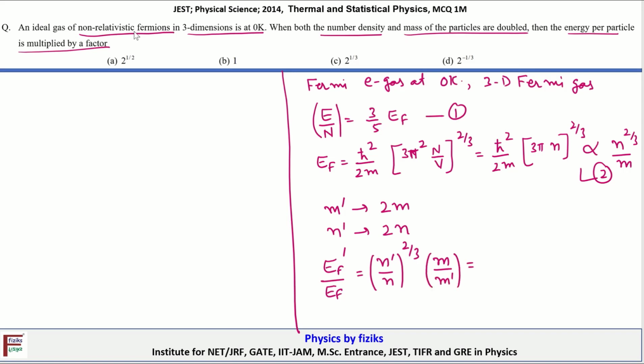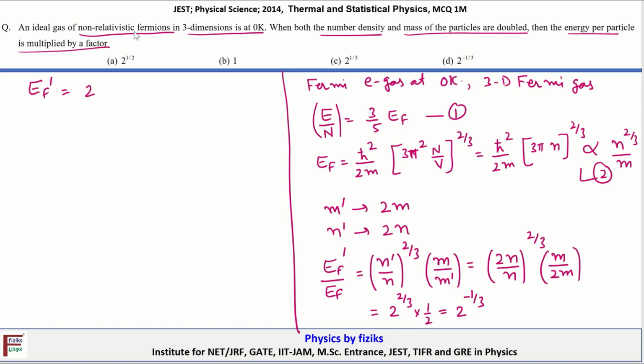After substituting the new values, that is (2n upon n) power 2/3 and m upon 2m, and cancelling the common factors, EF dash upon EF equals 2 power 2/3 into 1/2, which equals 2 power minus 1/3. So the new Fermi energy is EF dash equals 2 power minus 1/3 times EF. This is equation 3.